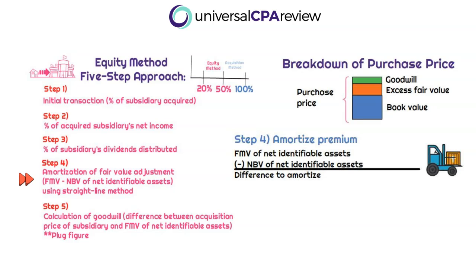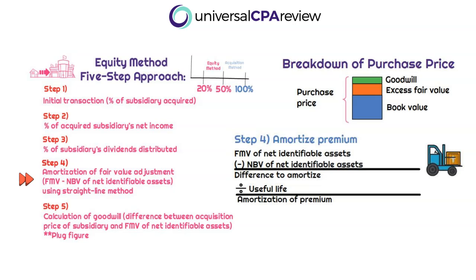So we're basically buying more into the company on the fair value than their book value, and that amortization premium is likely due to a difference in the fair value of a specific asset, like equipment, right? They carry it at their book value, but at the time of acquisition, we would record it at the fair value. Now, when we think about amortizing this premium, well, we have the total amount, and then we would divide by the remaining useful life, and that gives us the amount of amortization premium to record each year.